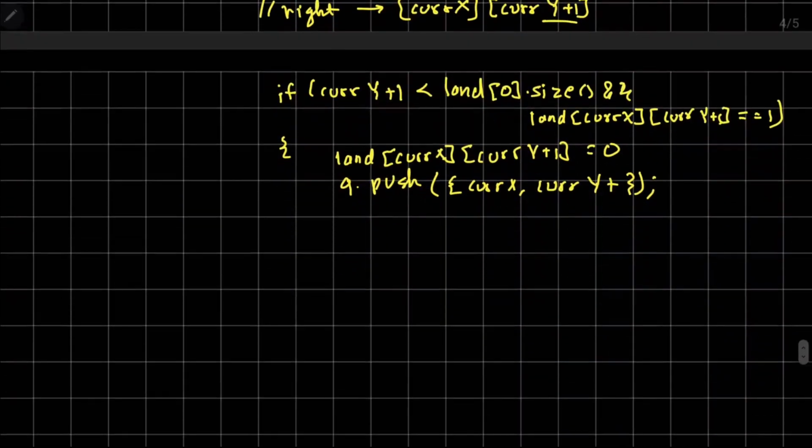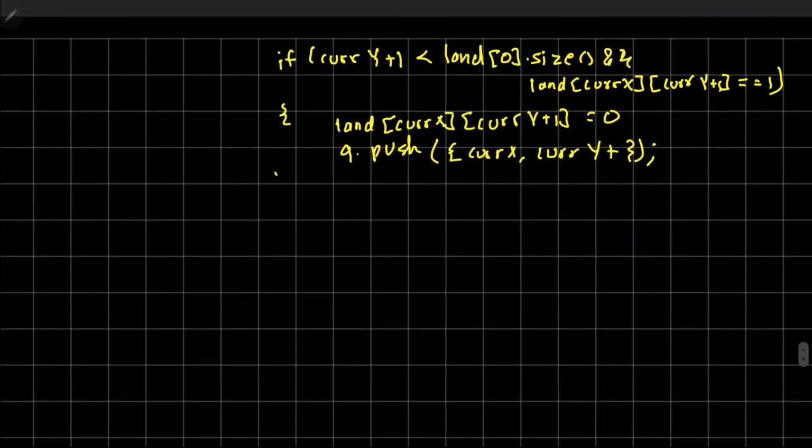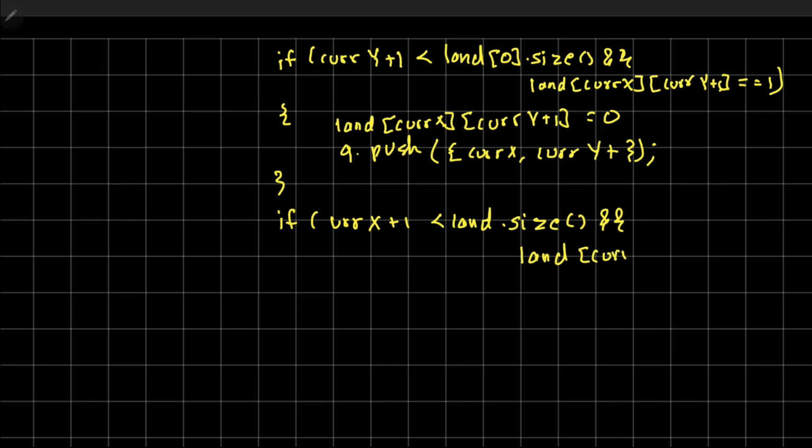Similarly, we will check the bottom neighbor. So if current x plus 1 is less than land dot size, as this might go out of bound, and land of current of x plus 1 and current of y is equal to 1.